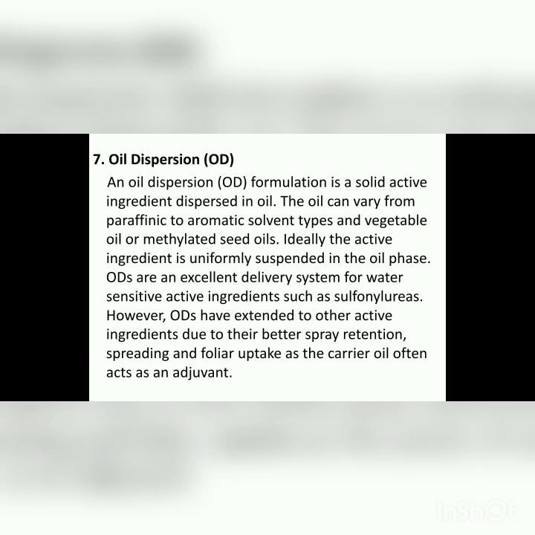Then, oil dispersions are an excellent delivery system for water-sensitive active ingredients such as sulfonylureas. However, oil dispersions have extended to other active ingredients due to their better spray retention, spreading and foliar uptake as the carrier oil often acts as an adjuvant.